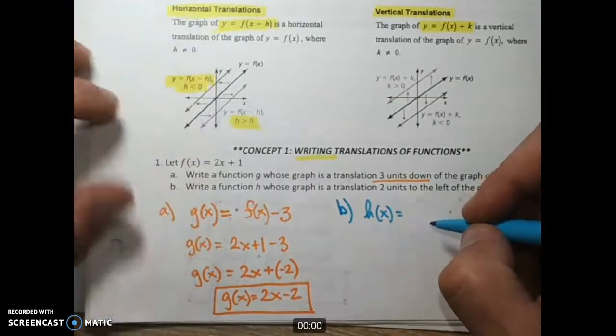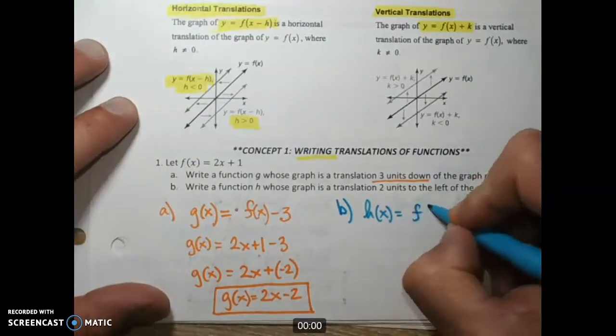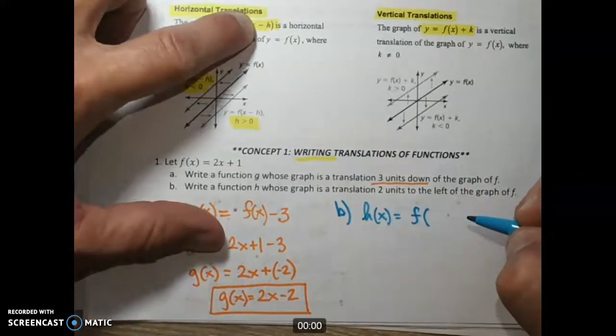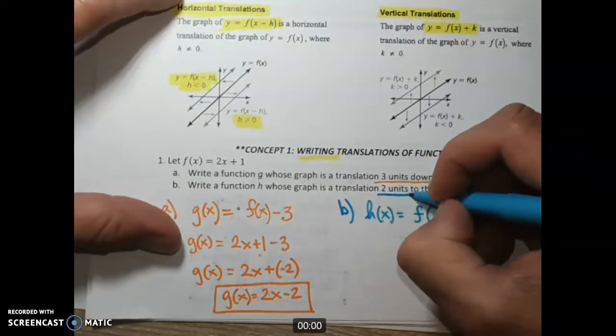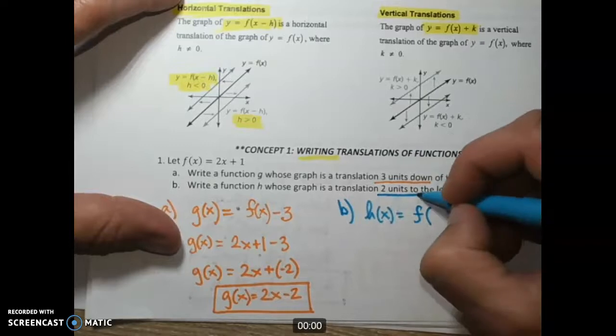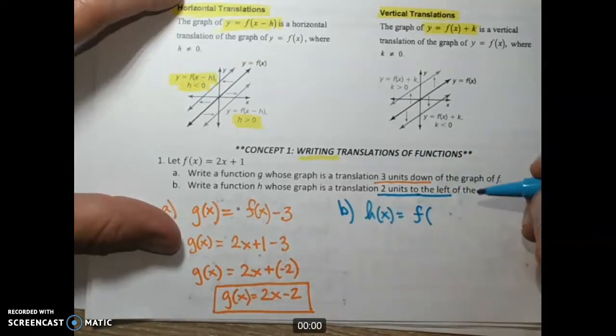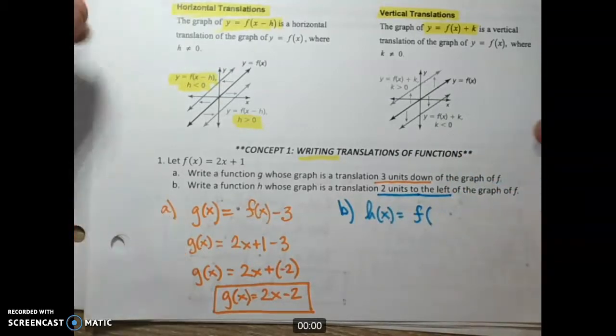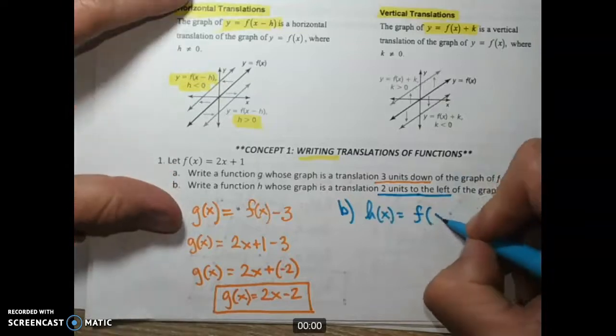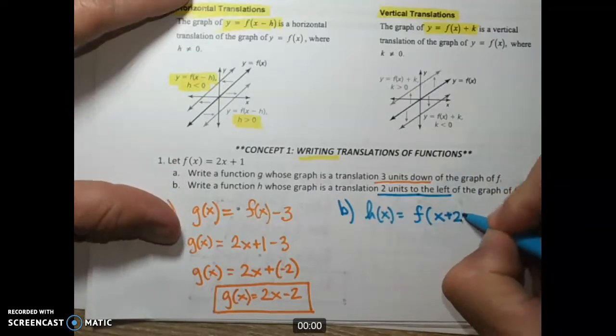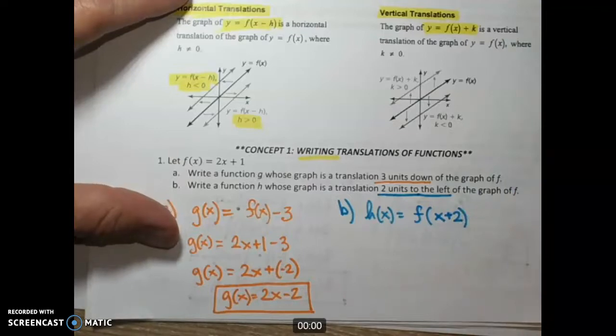Well, now what I have is f of x minus h. Well, that's 2 units left, right? So really, that h is negative 2, so it's going to be x plus 2 in my grouping symbol.